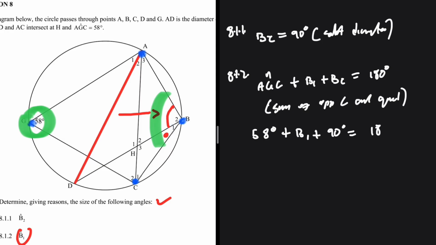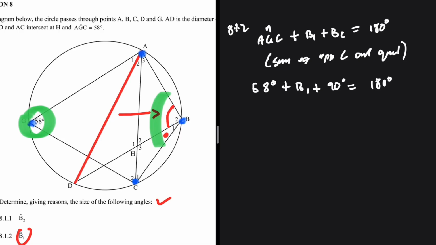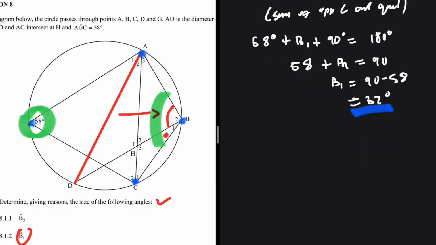This is equal to 180 degrees. So 58 plus B1 equals 90, since I just said 180 minus 90. So B1 is equal to 90 minus 58, which is 32 degrees. So there we go. This is the size of angle B1.